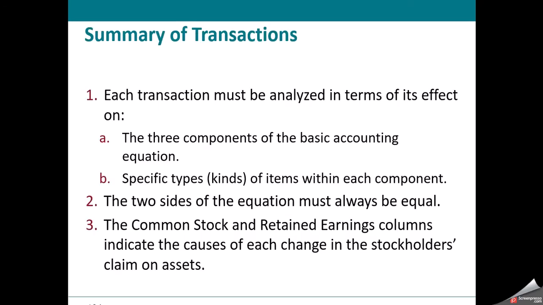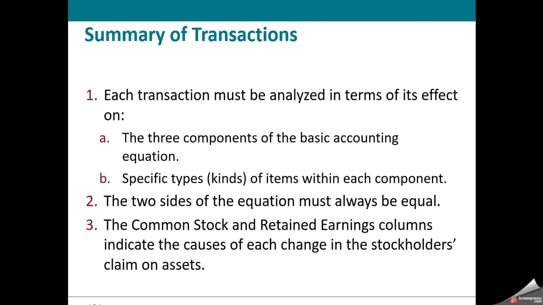So then, in summary of those transactions, we have to look at and analyze each transaction to find out how we record it and how it impacts the accounting equation. It's an equation, so by definition it always must be equal. What we do to one side, we've got to do to the other, or it could be both on the same side.